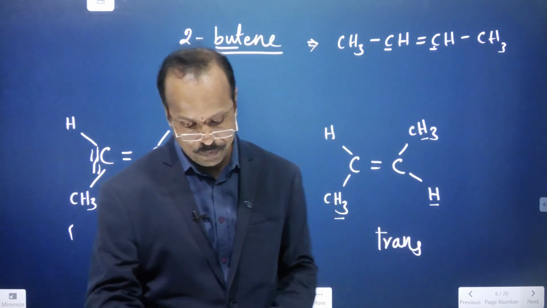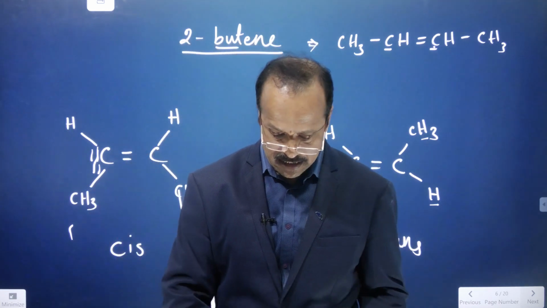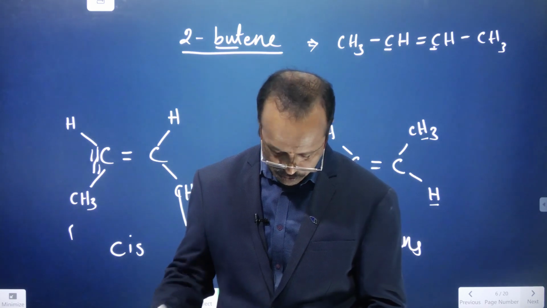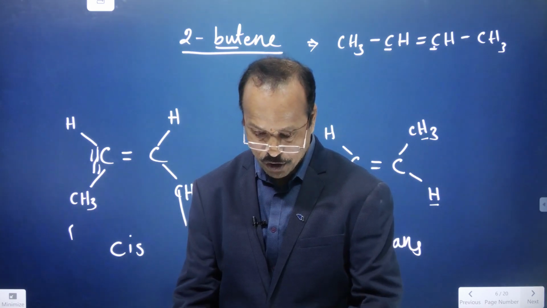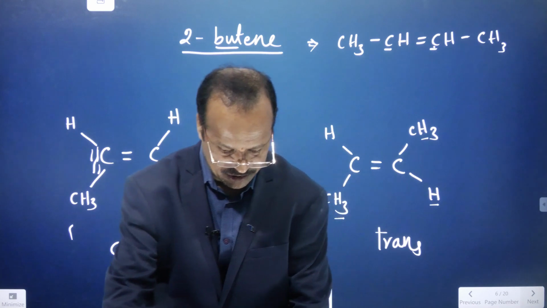Understood now? Chalo. Now cis and trans. If you want the definition, see page number 94. You have the boxes, see the definitions there.